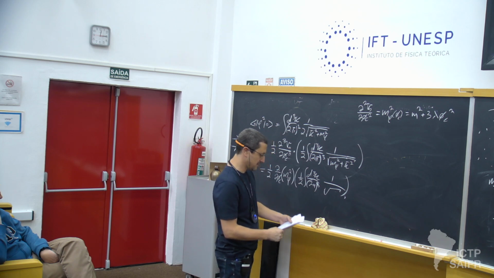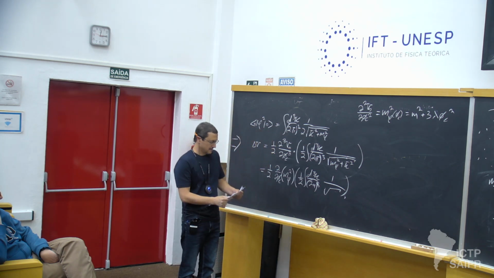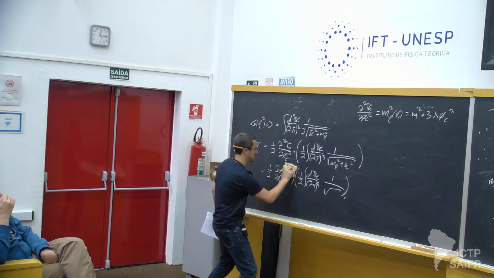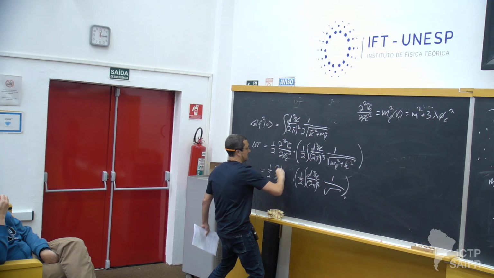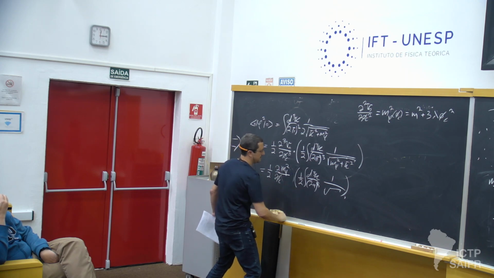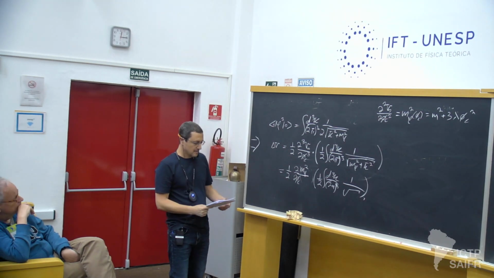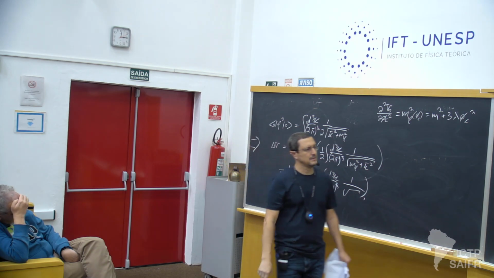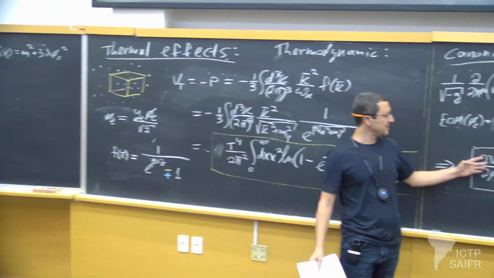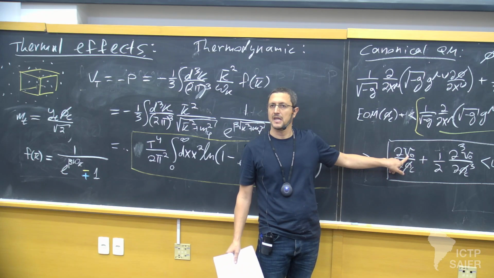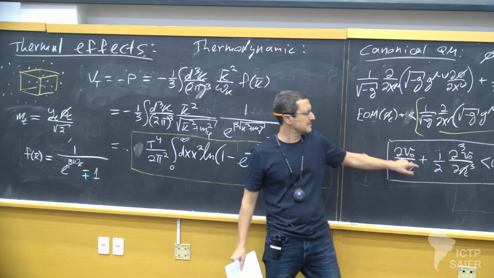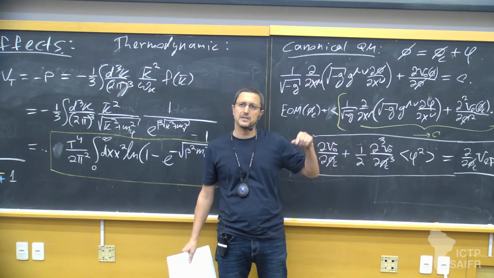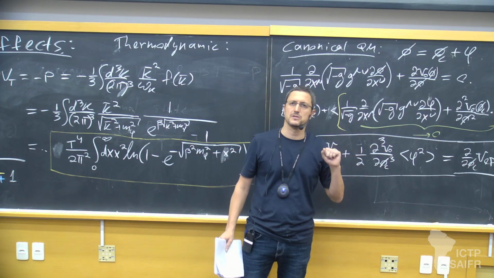Let me play with this object just a very little bit. Sorry, why did I write it like that? That's very confusing. d m phi squared by d phi c. So the fun thing that I can do, I have here an m phi squared. What am I really looking for? You see, the object on the left is d by d phi of something. What I'm really looking for is that this crazy thing will become d by d phi c of some extra contribution to the potential, right?